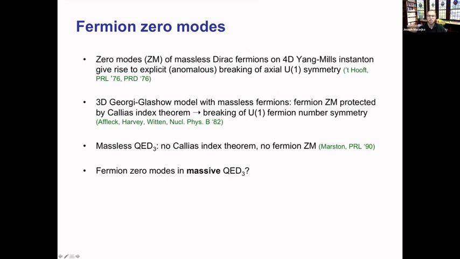So I guess the connection is that in this Georgi-Glashow model, the fermions acquire mass. We have these adjoint fermions that acquire mass through the condensation of a Higgs field. And in that limit where the theory is abelian and fermions are massive, that resembles a lot the theory that we've studied here, this massive QED3 theory.